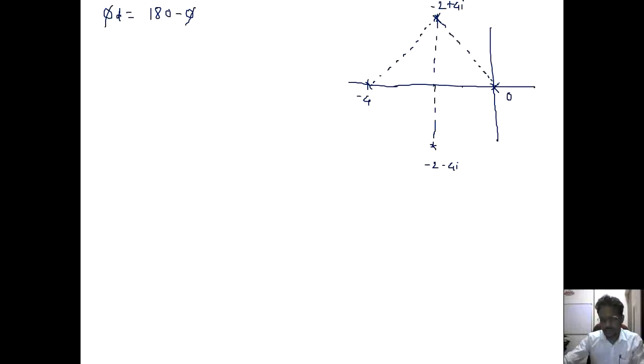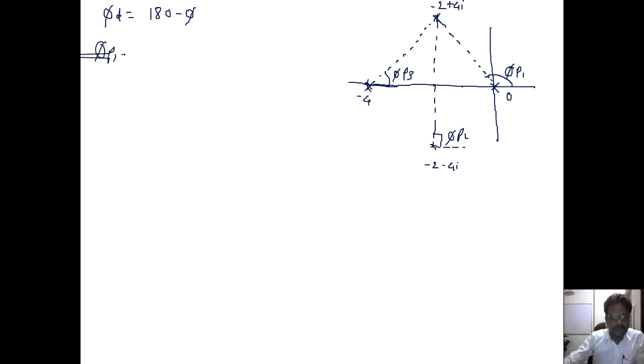Suppose this is the first pole to connect, and this is phi p1, as this is the angle made by pole 1. Suppose this is the second, so this is phi p2. This is the third pole and this is the horizontal, so this angle is phi p3. So let us calculate all the angles now.